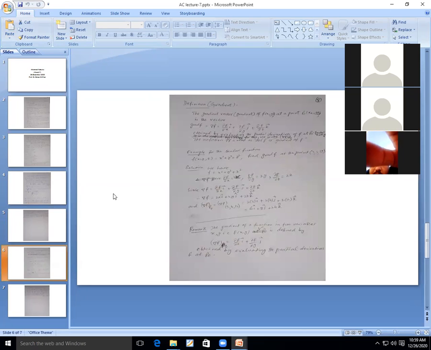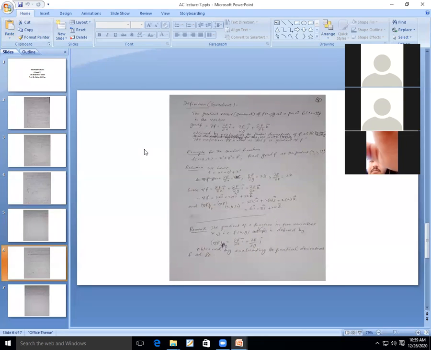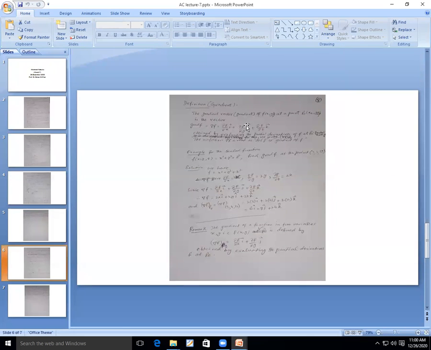BSc में आप पढ़ चुके हैं gradient, या BS में भी आप पढ़ चुके होंगे, अगर you are a BS student. The gradient vector or simply gradient of a scalar function f in 3 variables x, y and z at a point x naught, y naught, z naught is the vector denoted as grad f.